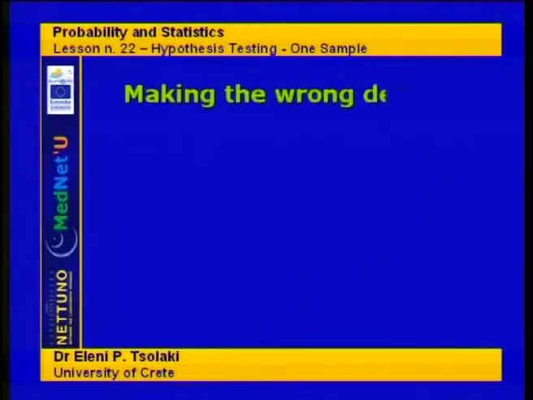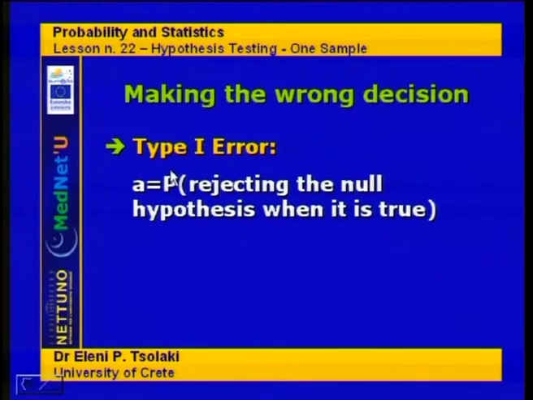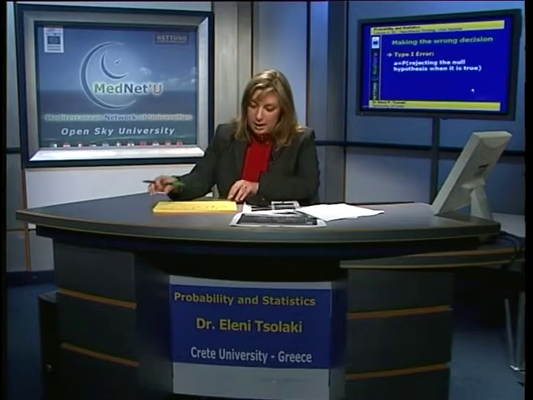A for hypothesis testing will actually be the type 1 error, the probability of rejecting the null hypothesis when it is true. So let's see an example.